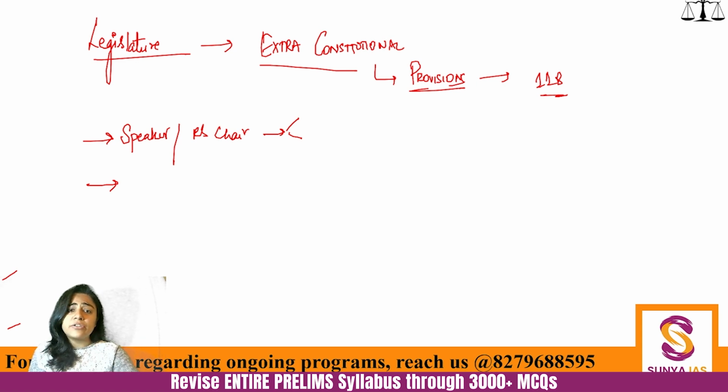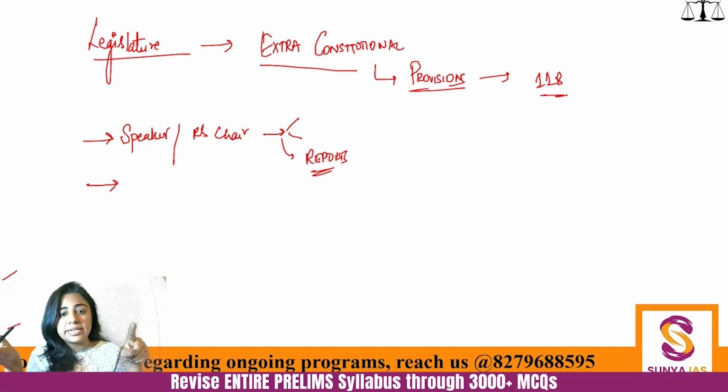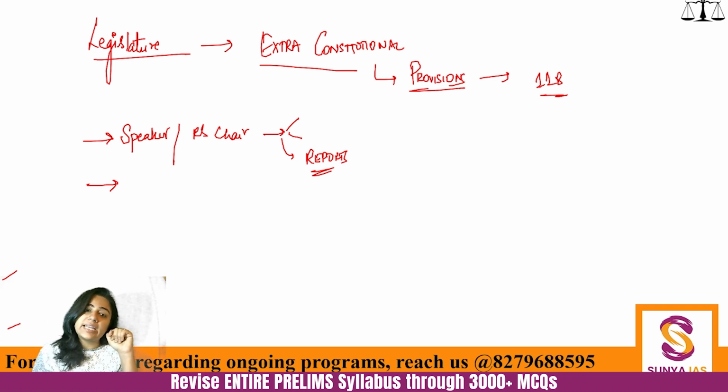Along with this, another function that they do is that they receive the reports of these committees also. I hope you understand that here the role in cabinet committees that was being played by the Prime Minister of India is now being played by the Speaker or the Vice President of India, because they are the presiding officer of the House. I hope you understand that.